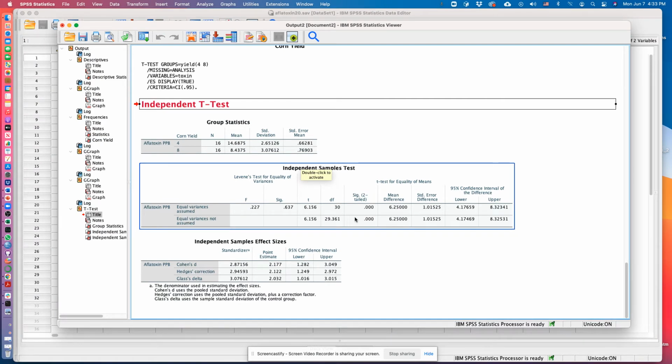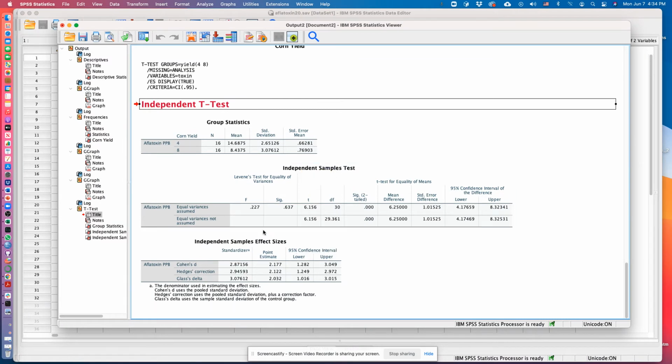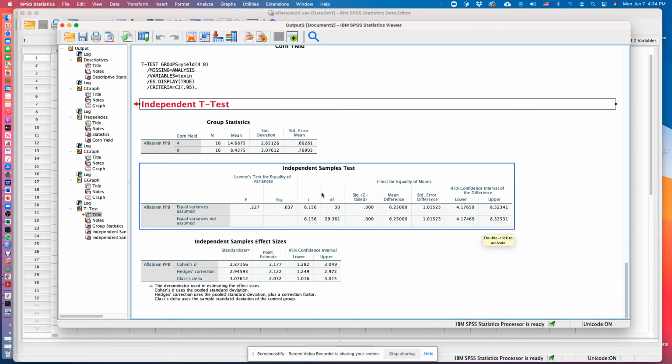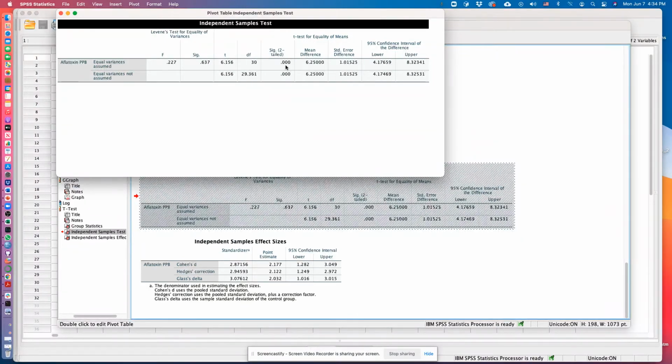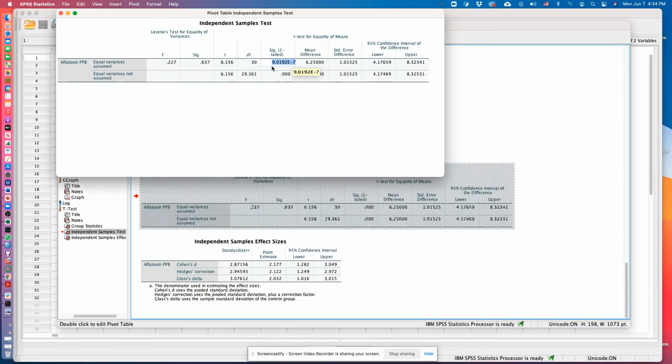If you were to construct a normal distribution curve, the p-value would correspond to this. Now, it's saying 0.000 here, but it's been rounded off. If you were to double click on this, you would see the value is 9.09019 times 10 to the power of -7. Very, very small.